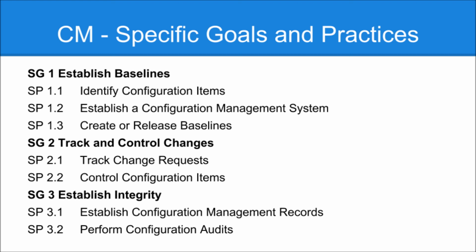So in this particular goal, we want to make sure that the integrity of baselines is maintained and established properly throughout the life cycle of the project. And after that, the baselines are, there must be a system to archive those baselines.